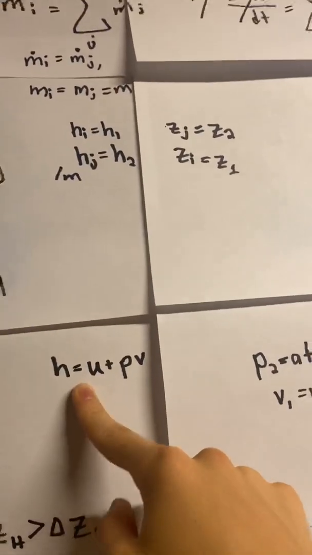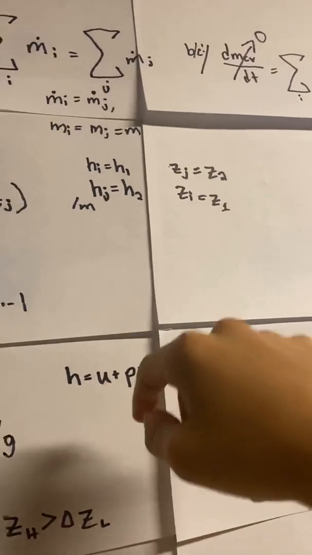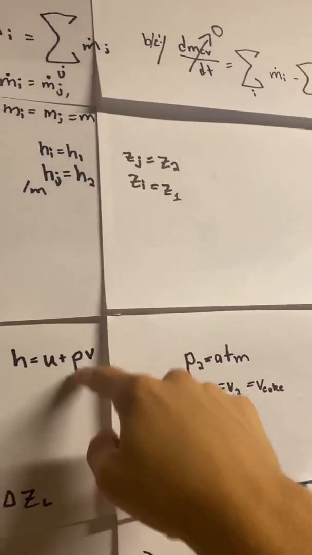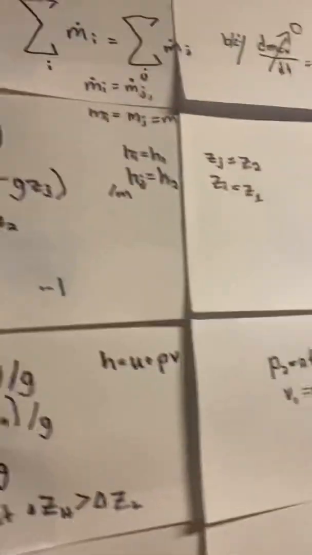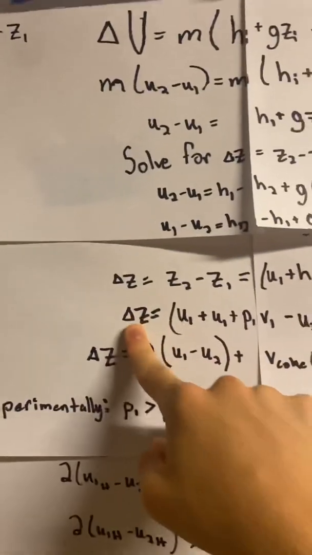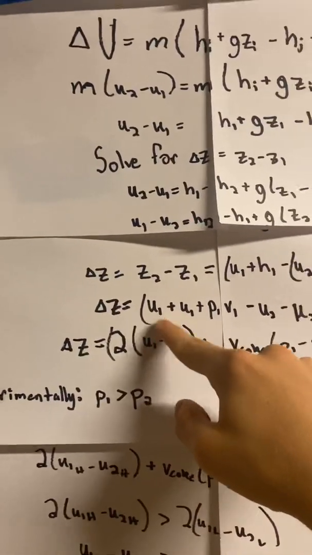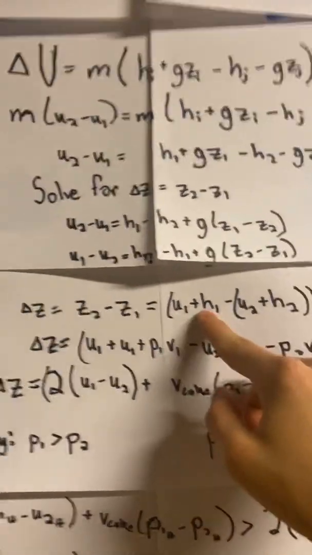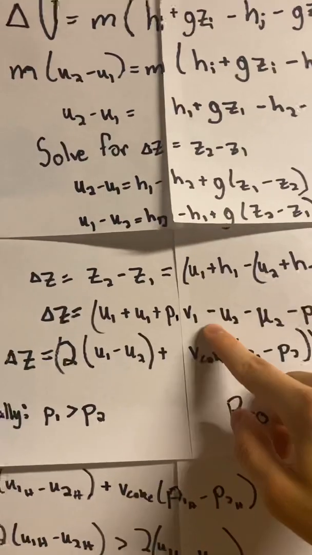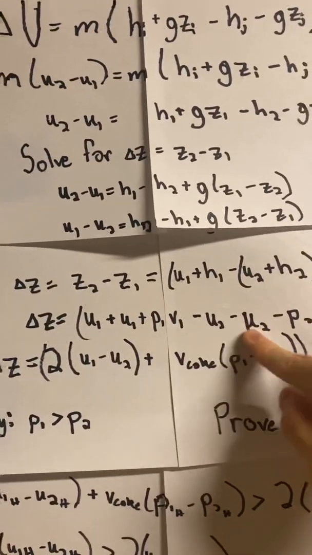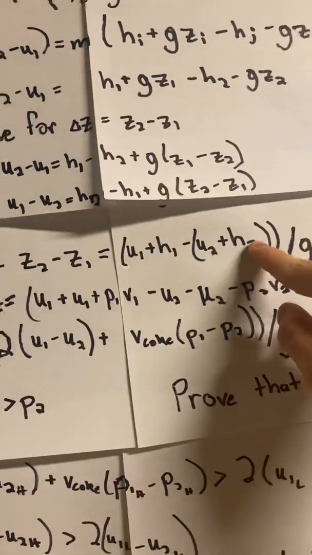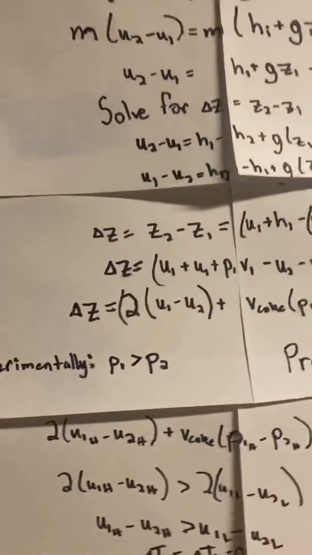And simply using h, our enthalpy, equals u, our internal energy per mass, plus pressure times specific volume into that equation, we get delta z equals u1 from there, plus u1 plus p1 v1 from there, minus u2 from there, minus u2 again from there, minus p2 v2 from there as well, divided by gravity still.